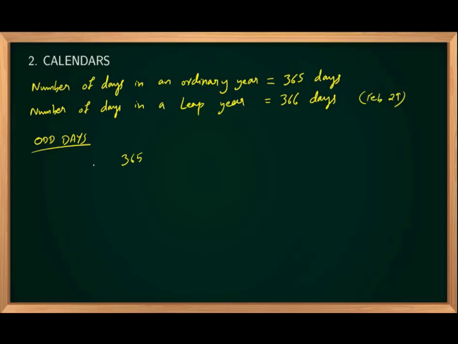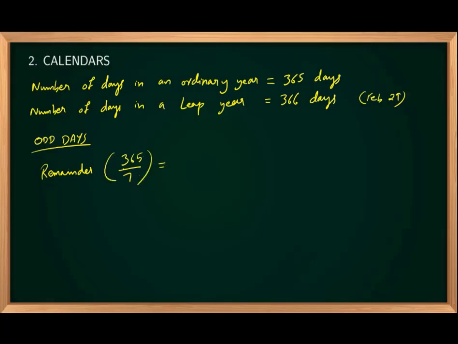Find the number of odd days in 365 is the question. Means just divide the number given by 7 and take the remainder. Odd days means remainder of the given number divided by 7.